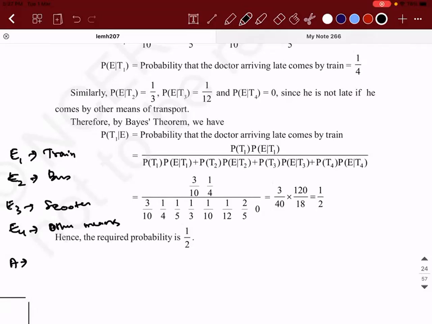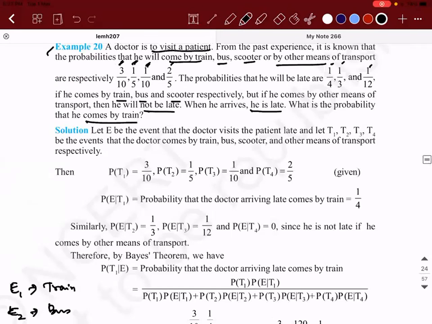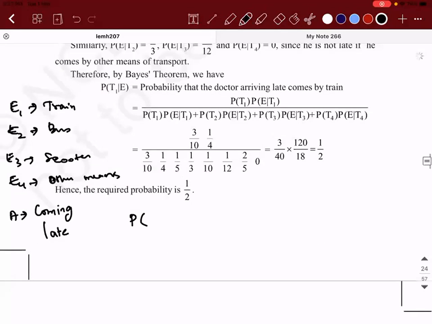He's coming late. Right. What are we supposed to find? What is the probability that he comes by train knowing that he is late? So the probability that he came by train knowing that he is late is equal to how much?